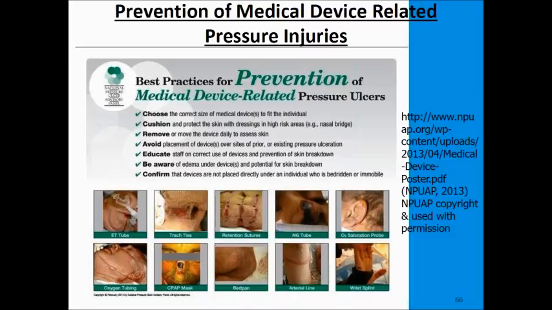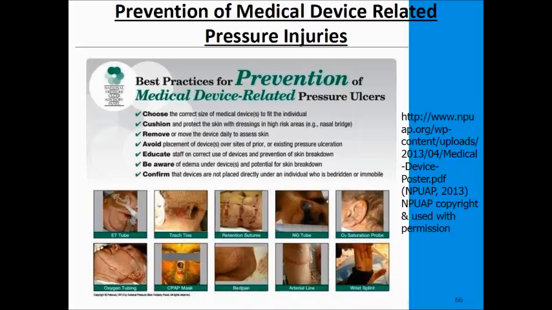So we're going to go through each of these pictures and talk about prevention of these device injuries. With ET tubes, make sure you're following your policy on how that can be repositioned. A lot of times they could be repositioned from the right side of their lip to the middle to the left. So follow your guidelines on how to prevent these sores on the lip.